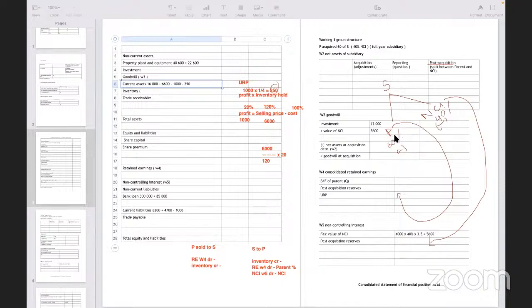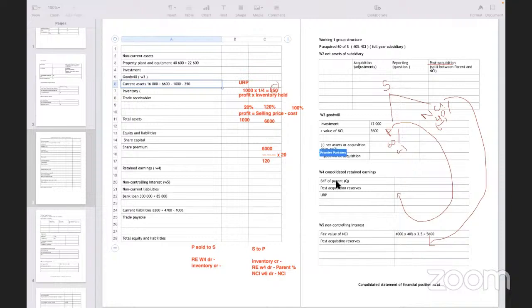So you go to these two areas, the parent area and the NCI area, and remove the profit they were given. This is how the double entry is done if the subsidiary is the seller. If the parent is the seller, it's quite easy.